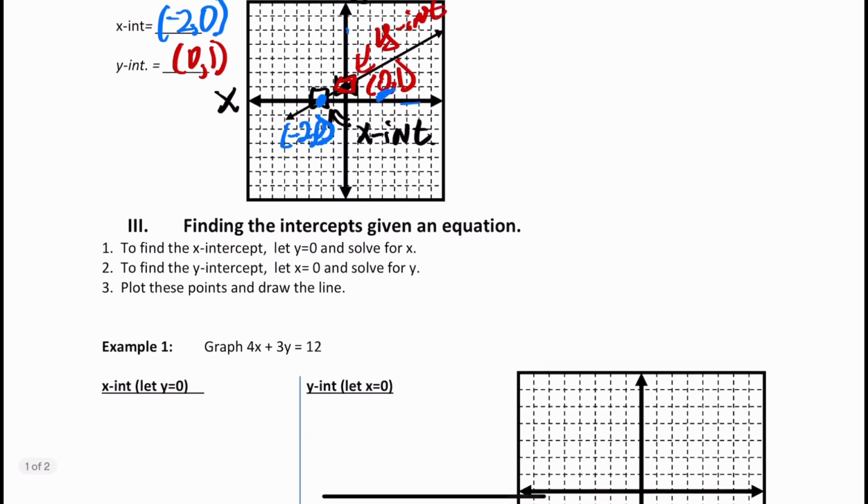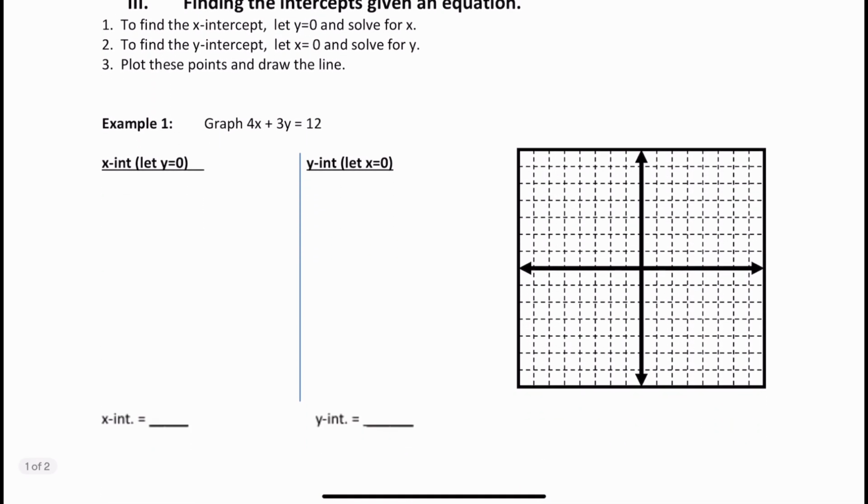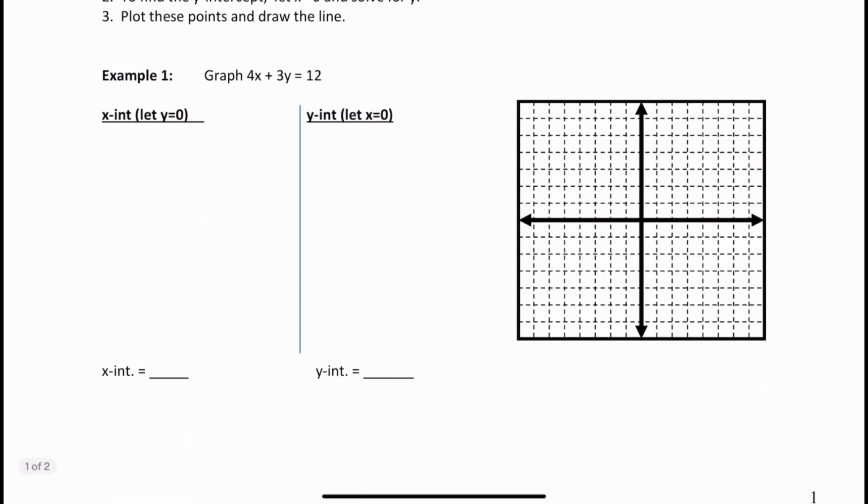So if we don't have the graph, but instead we have the equation, like example 1, we can use the information we learned about intercepts to find the intercepts of this equation. We know that the x-intercept of this equation is when y equals 0. So let y equal 0 in this equation: 4x plus 3, but instead of a y, we put parentheses 0, equals 12.